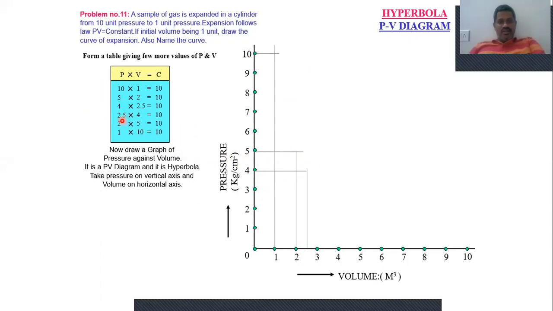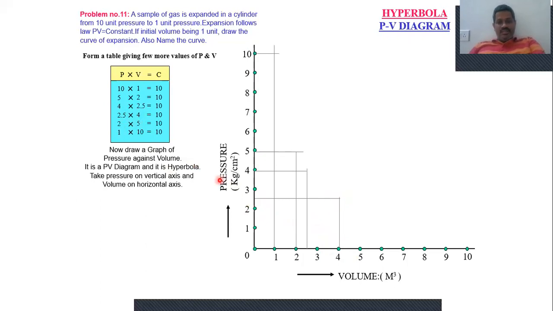Then the pressure is 2.5 here, exactly from here draw a horizontal line like this. If the pressure is 2.5, the volume will be 4 like this, and from the volume axis draw a vertical line to intersect the pressure at 2.5 here.